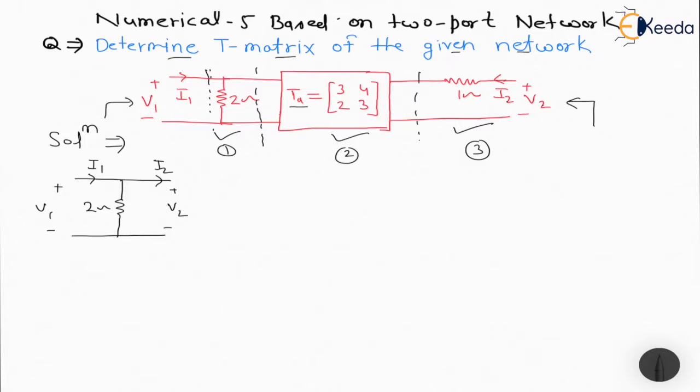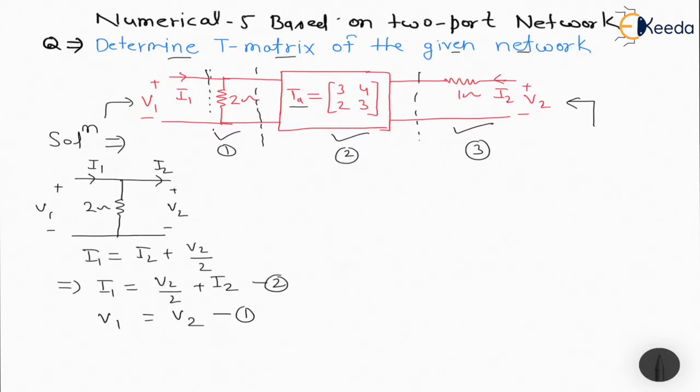So we can write from here that the value of I1 is V2 by 2 plus I2, and the value of V1 is equal to V2. So this is equation number 1 and equation number 2.